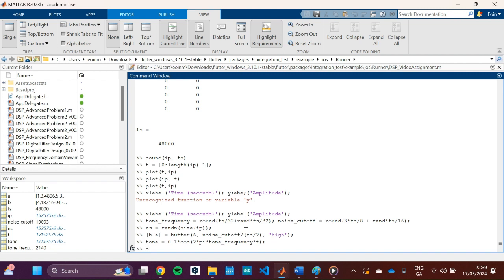And now I'll create a new signal, which is going to be the input plus the synthesized noise plus the tone. That apostrophe changes the tone variable to match the NS and the IP, whether they are column or row vectors. That's what that apostrophe does.